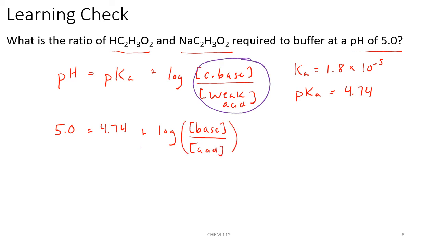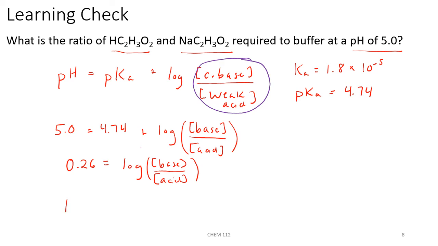If we subtract our pKa from our pH to isolate our ratio, that gives us 0.26. And that will be equal to the log of our base concentration over our acid concentration. In order to get rid of that log term, we're going to have to take 10 to both sides.